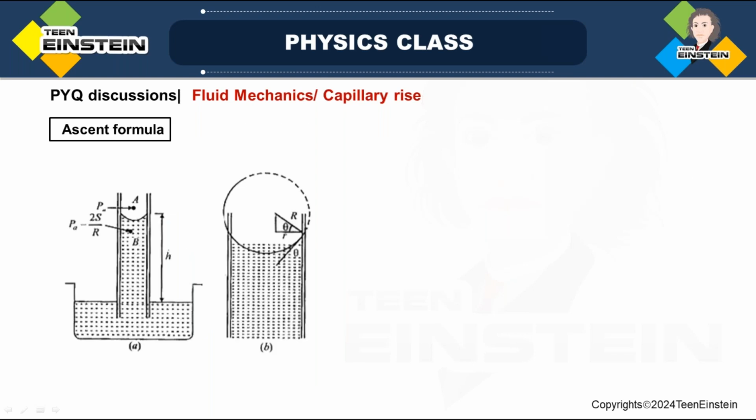Now we'll learn the formula for ascent. That means how much height the liquid will rise inside a capillary tube when you dip a capillary tube of given radius, and if the surface tension of the liquid is given, and also the angle of contact is given, then you have to find the height that will rise inside the capillary tube. So what will be given?